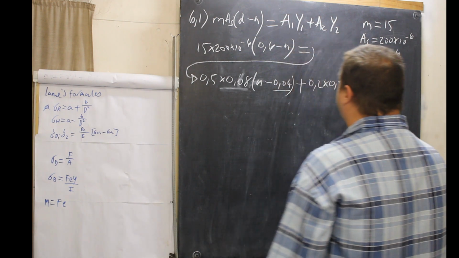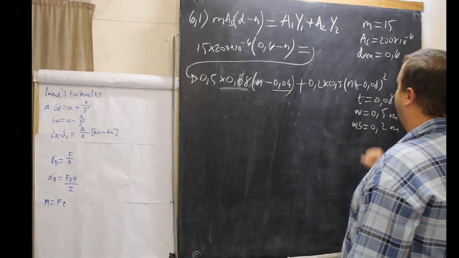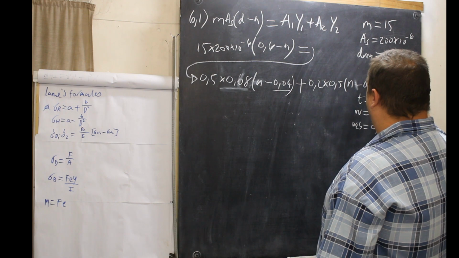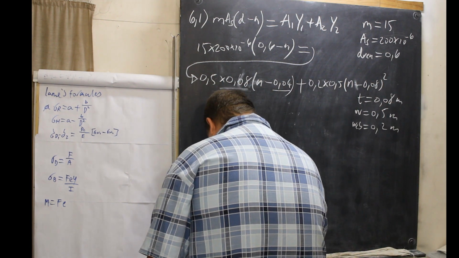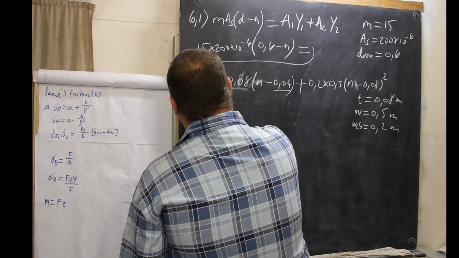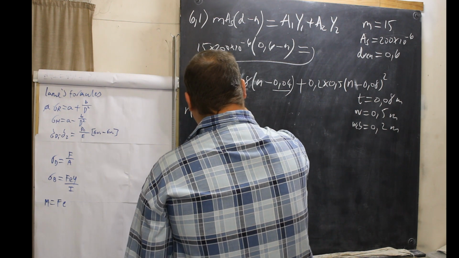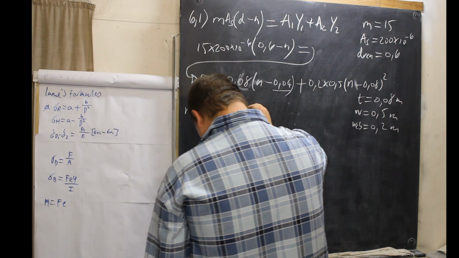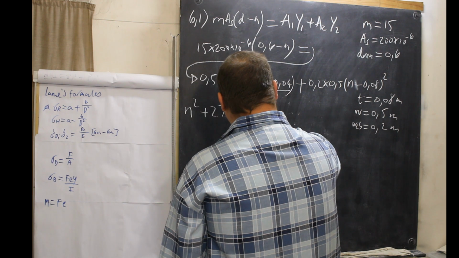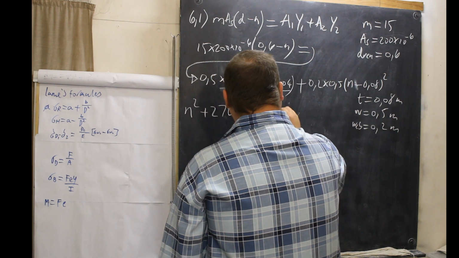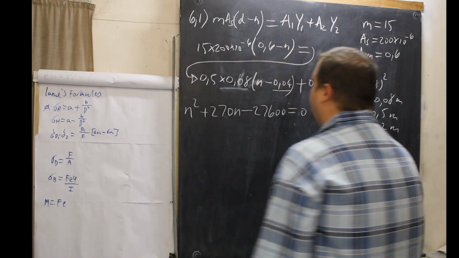Now, what we're going to do is work out n. So we multiply all these in, and we will end up basically with n squared plus 270n minus 27600 equals 0.